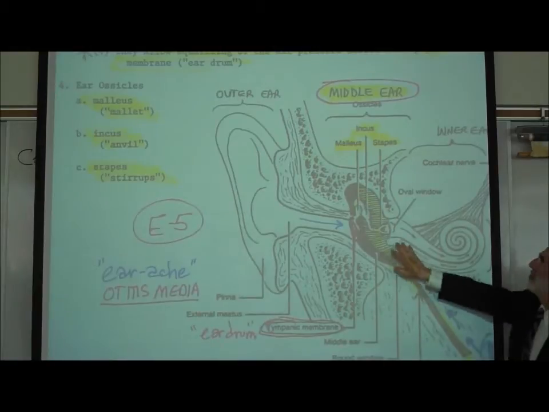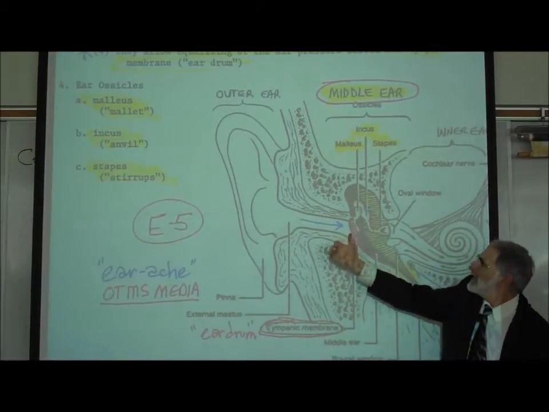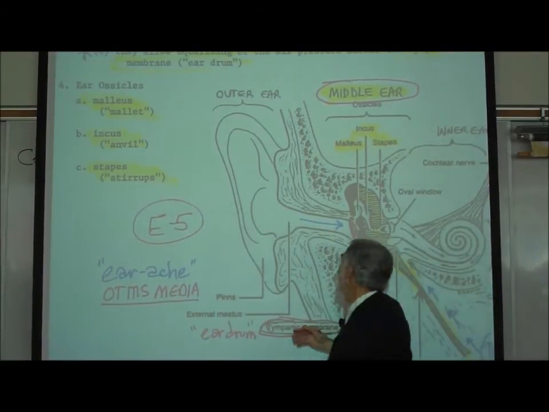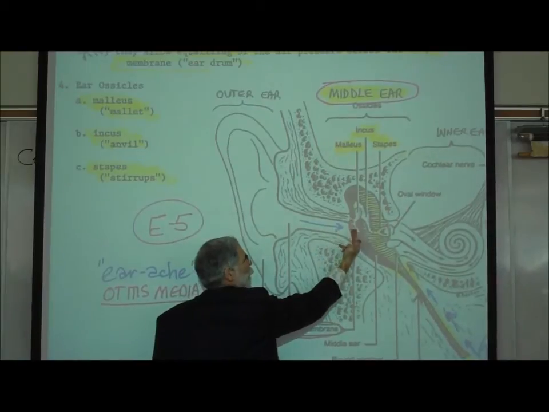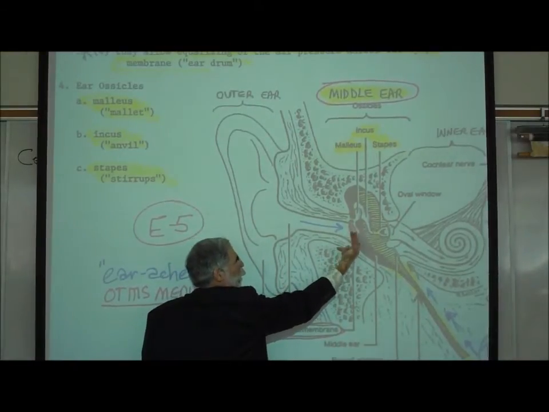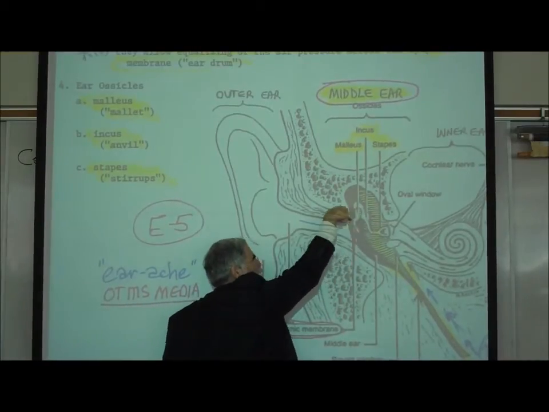These three little bones, what is the purpose of these three little bones? The way that we hear sound is sound waves vibrate against this tympanic membrane or eardrum. And as this eardrum vibrates, it causes these three bones to move.